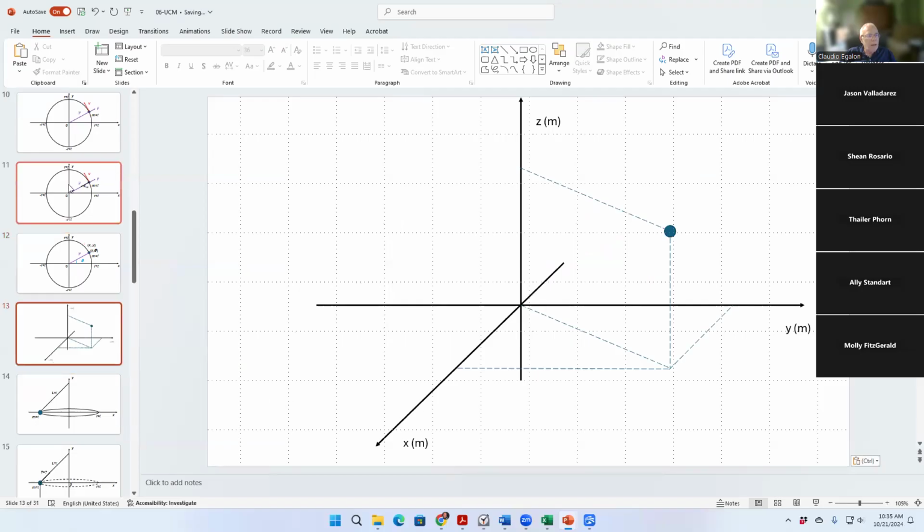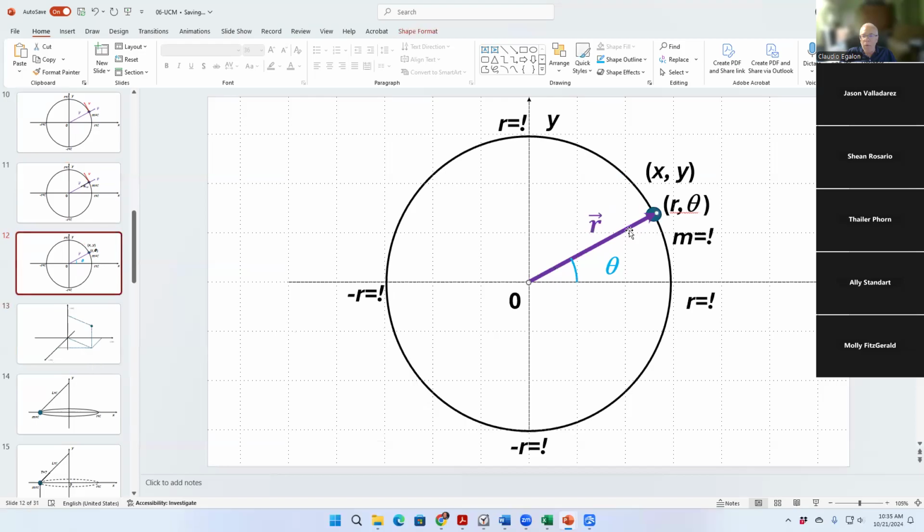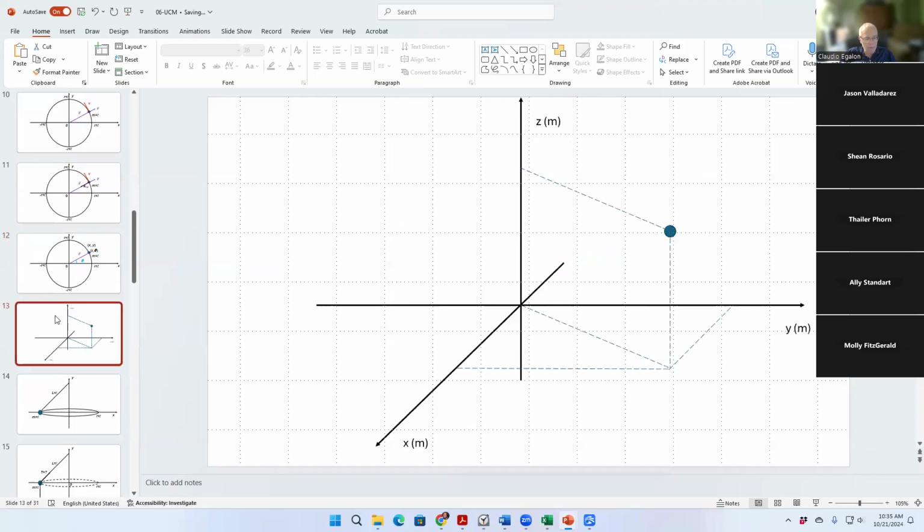I can even come up with my position vector of this particle in three-dimensional space, going from the origin to the point x, y, z.